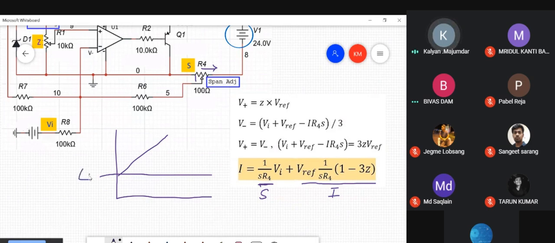And if you look at the intercept, this is 4 milliamperes, this is 20. 3 parallel lines. They have the same slope, but what is different in these 3 lines is the intercept. So this is input, this is the output, that is current.